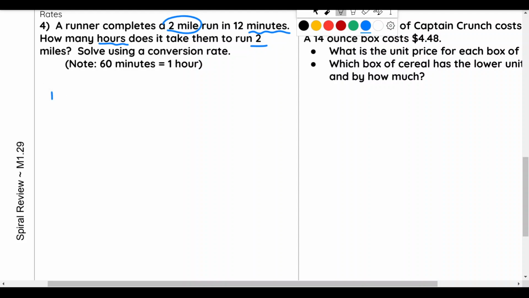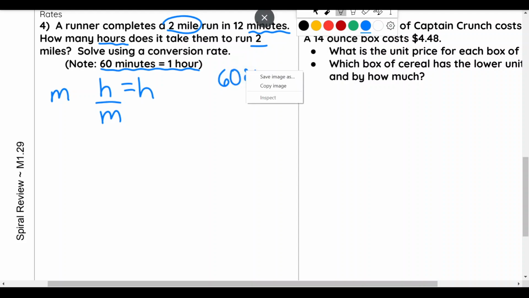So I'm starting with minutes, and I want to end with hours. I have my conversion rate, and if I want to end with hours, that goes there, and minutes goes underneath. So I'm taking this conversion rate, 60 to 1, and I'm turning it into a fraction.